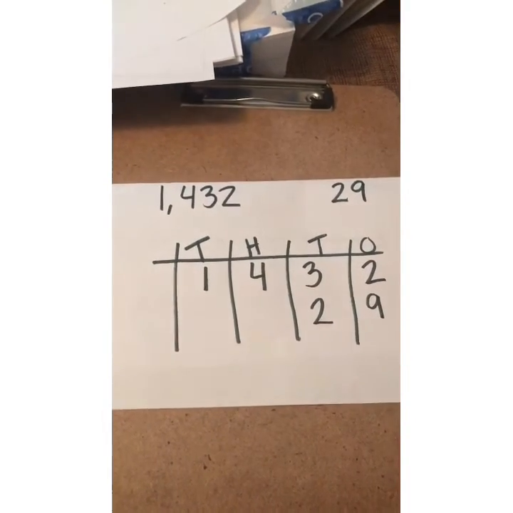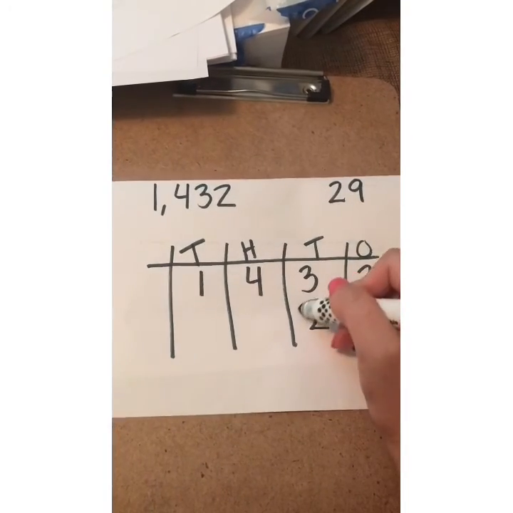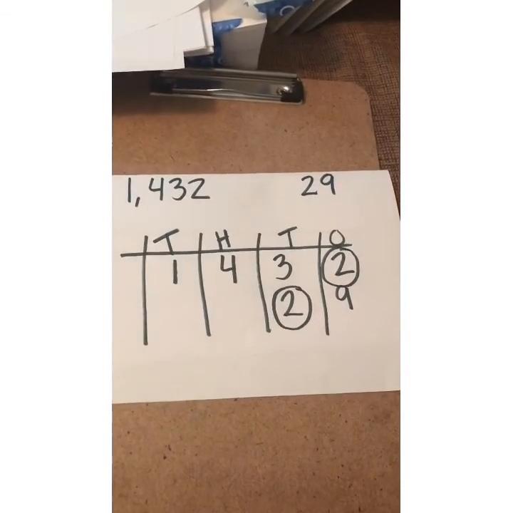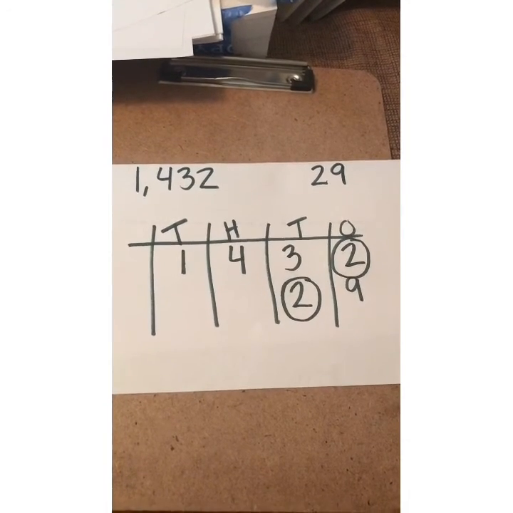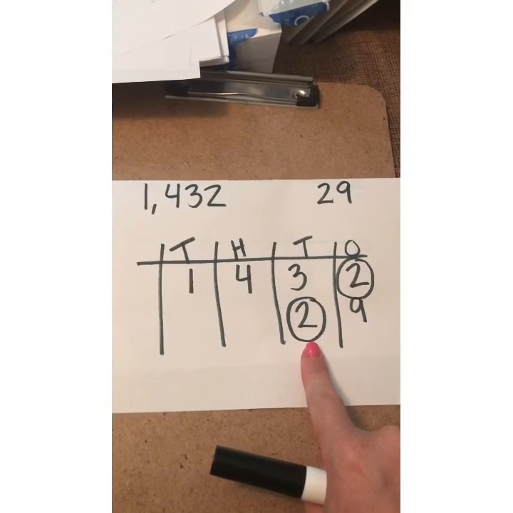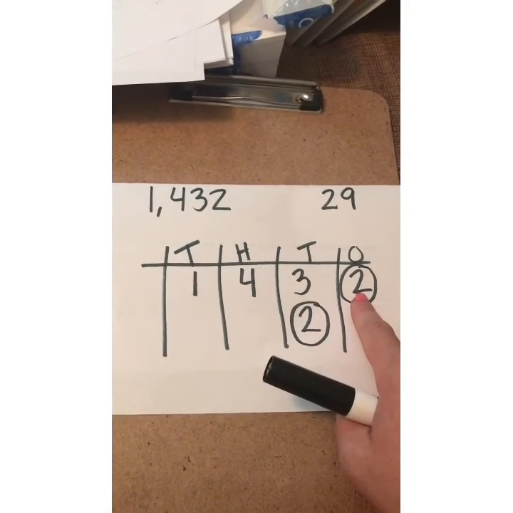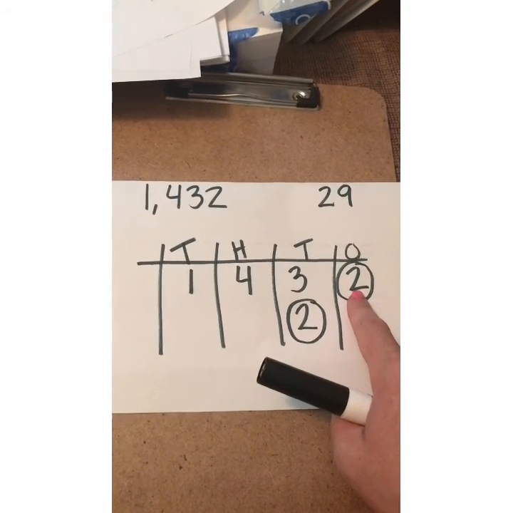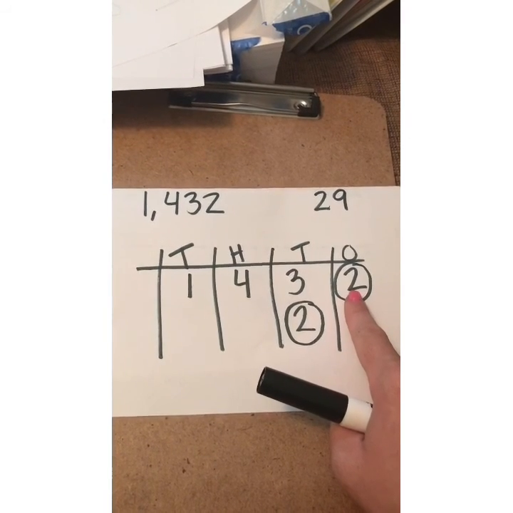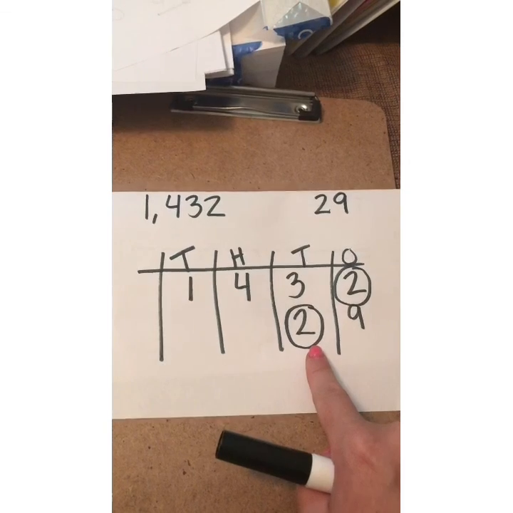I'm going to circle the number that they want me to look at, which is the 2. And I'm going to think, it's one place value over. So I could say that the 2 in 29 is 10 times greater than the 2 in 1,432. I could also say the 2 in 1,432 is 10 times less than the 2 in 29.